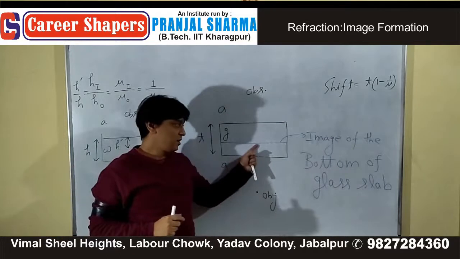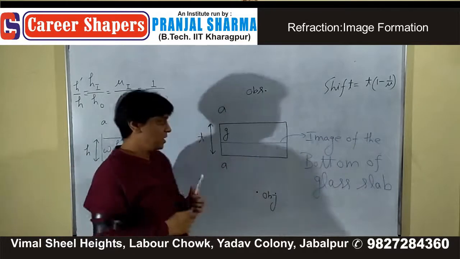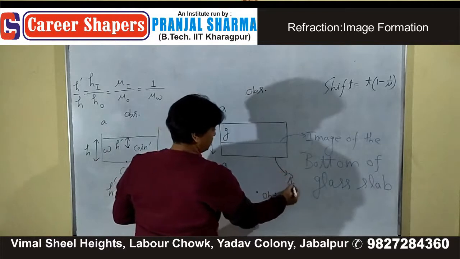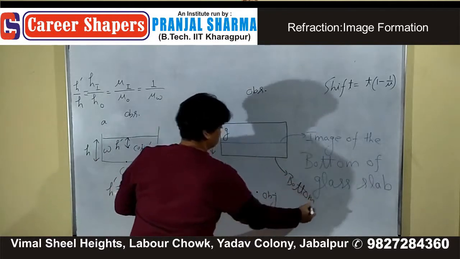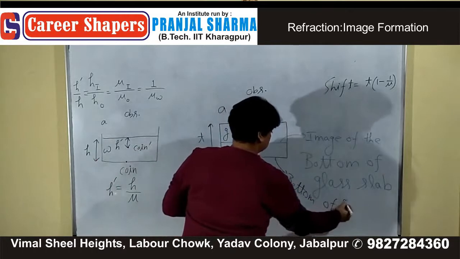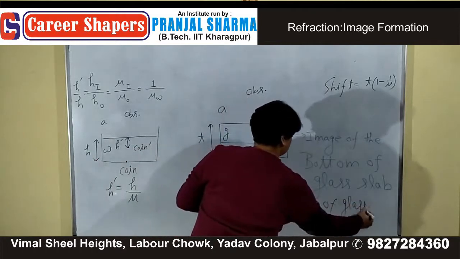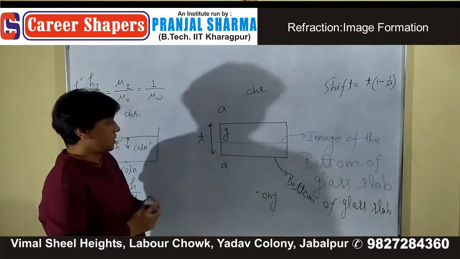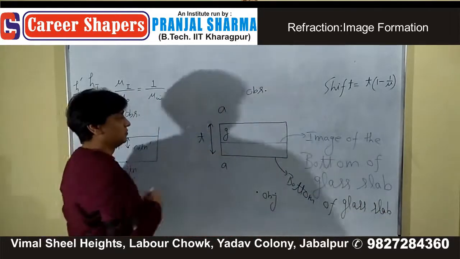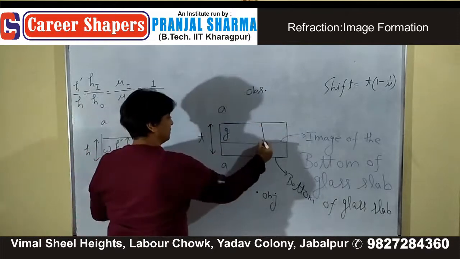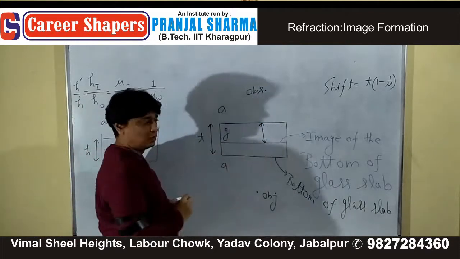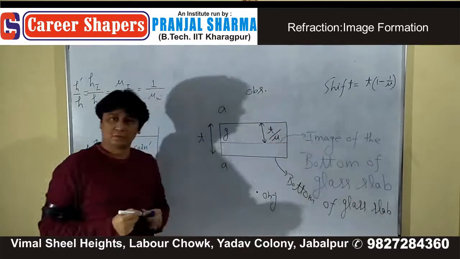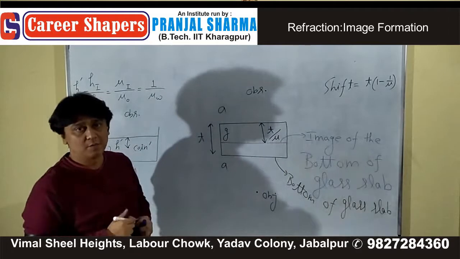This is the image of bottom of the glass slab, and that's your bottom of the glass slab. So now you know that this is what? T divided by mu. T divided by mu.